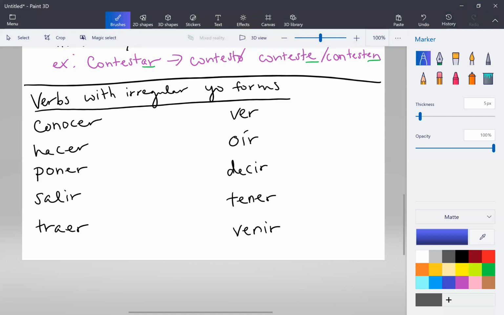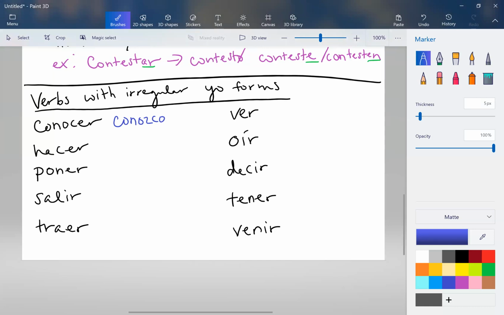So the yo form of conocer, oh, someone's typing, great. Perhaps, but let's see if we can get some guesses. So for conocer, we're gonna have conozco.